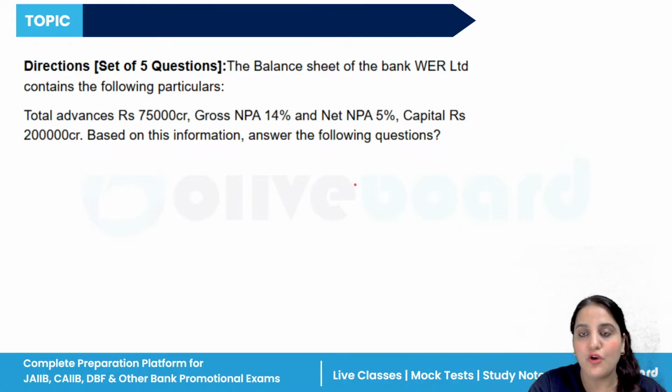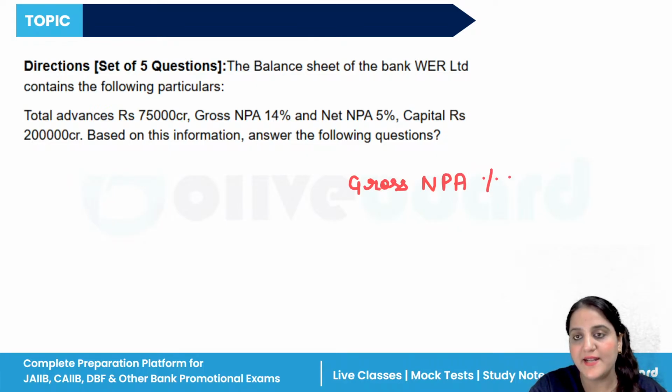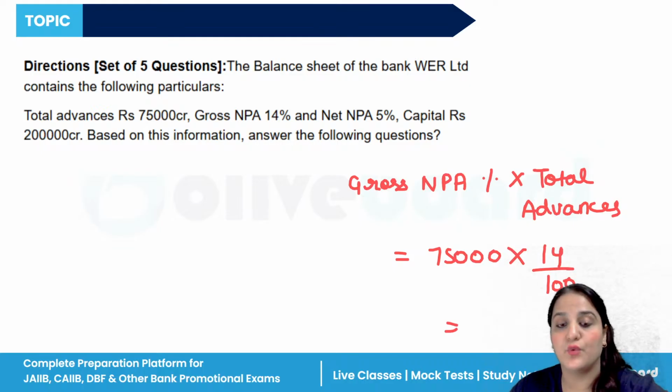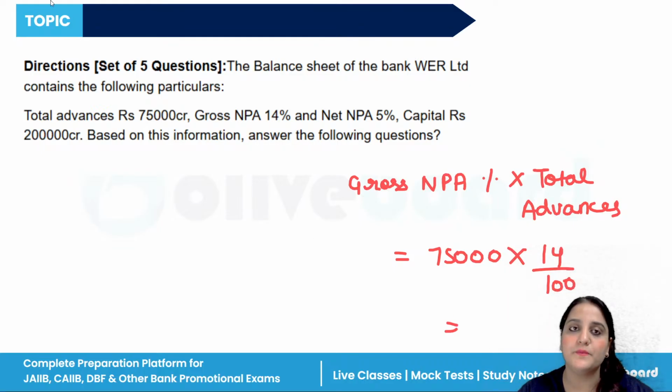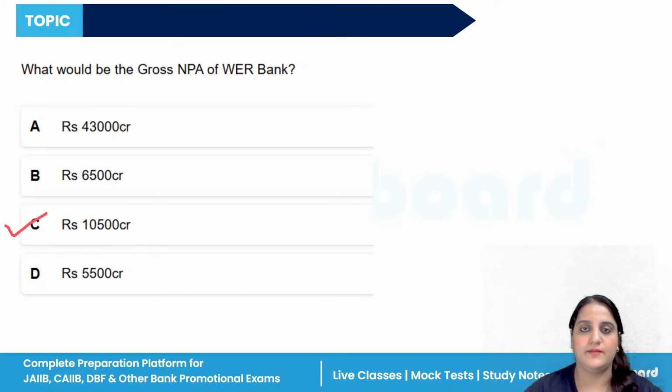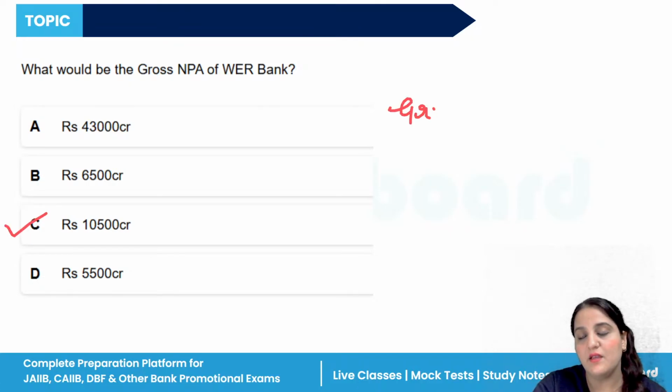So gross NPA is gross NPA percent multiplied by total advances, 75,000 crore. 14% of 75,000 crore is equal to 10,500 crore. So which option is correct? Option C is correct. So that is the formula of gross NPA.